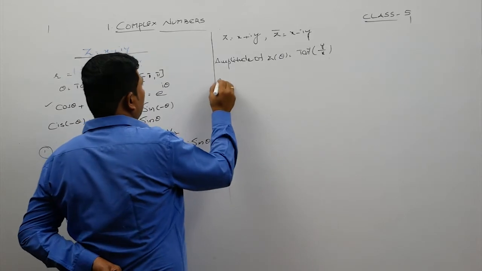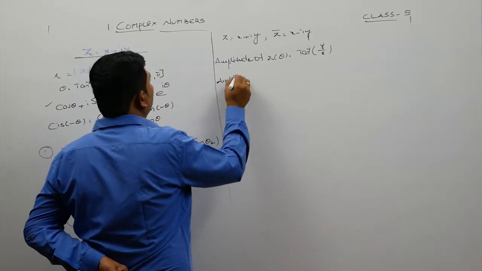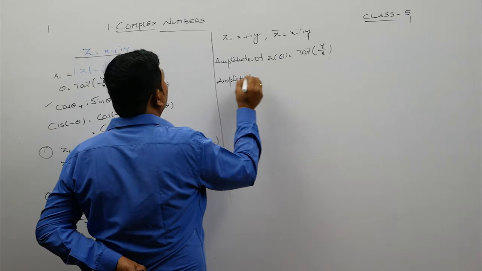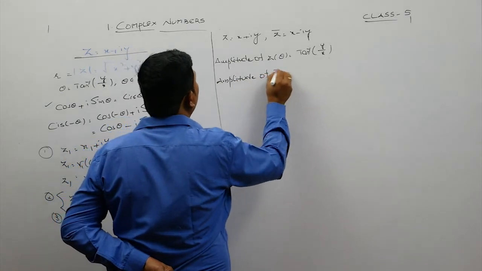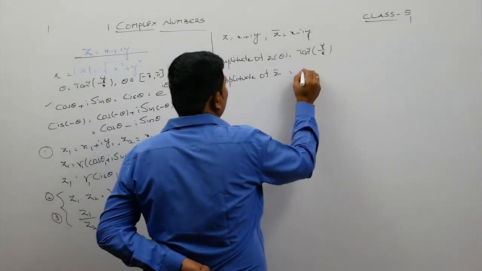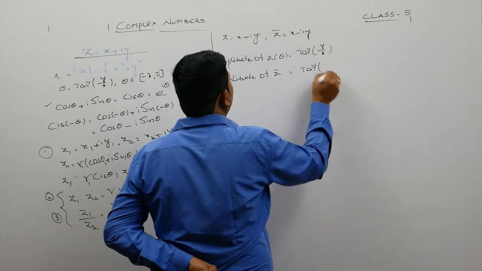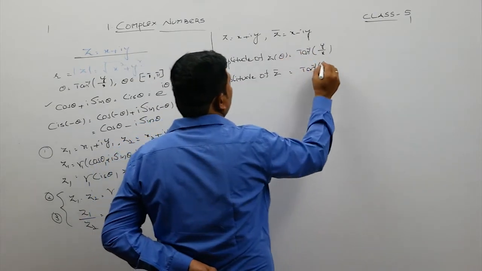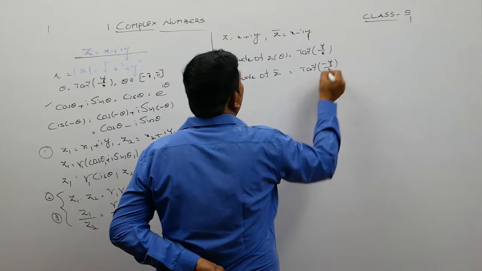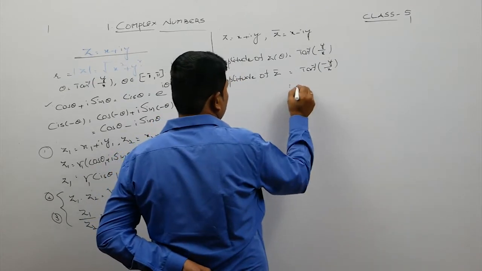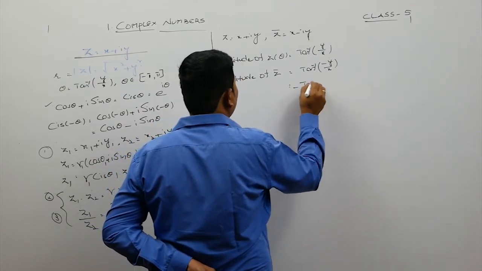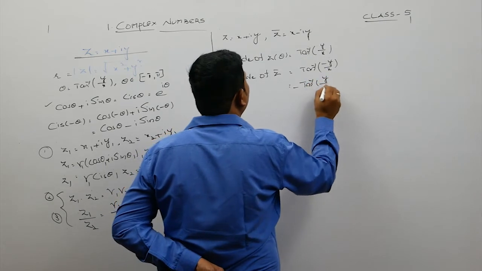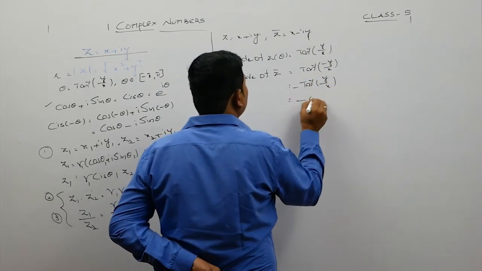Now let's observe here the amplitude of z bar is equal to tan inverse of, you can see there, minus y by x, and tan inverse of minus y by x is equal to minus tan inverse y by x, and is equal to minus theta.